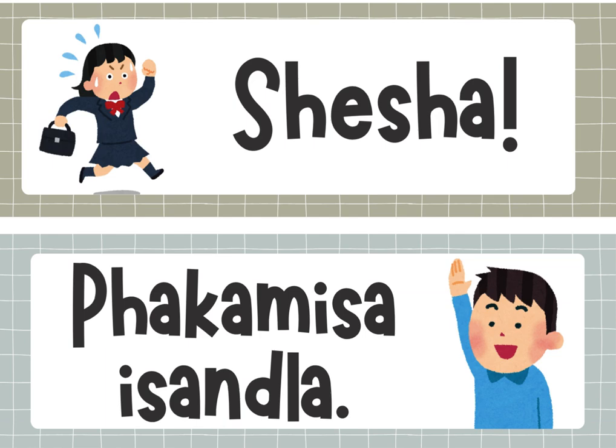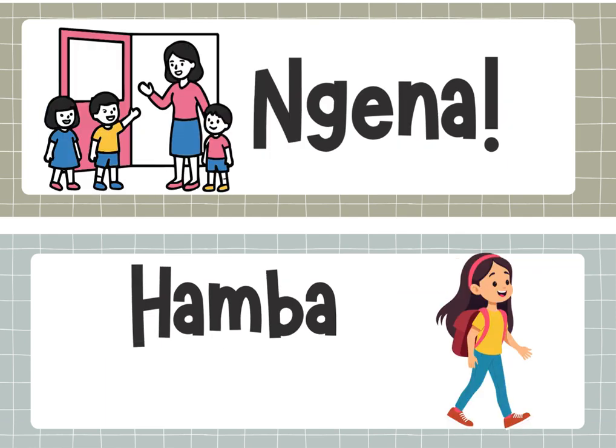Or they can add the word please, which will be ngicela uphakamise isandla. Stand, not stand, but raise a silent hand. Where am I getting stand from now? Okay, the next one.